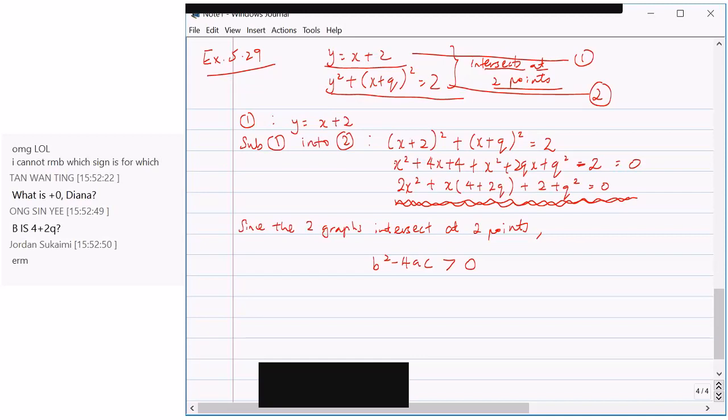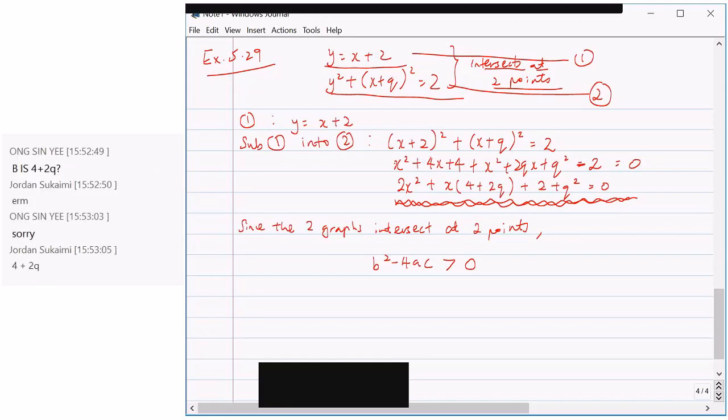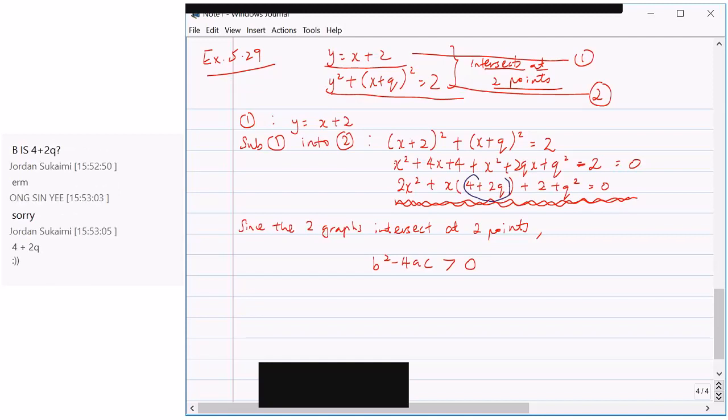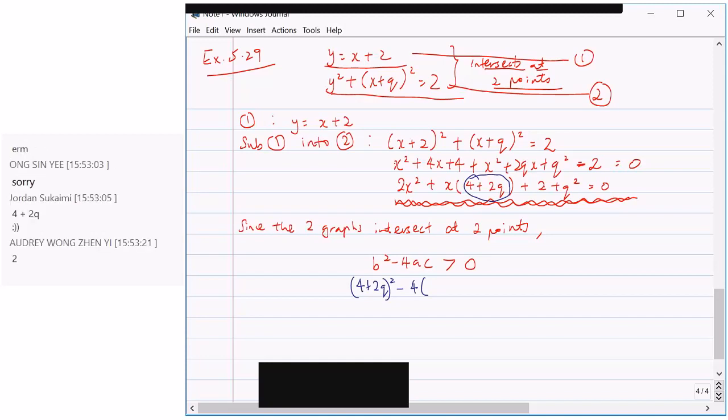What's b, Jordan? Yep, 4 plus 2q, the x coefficient. So (4 plus 2q) whole squared. What is the a? Audrey, what's the a? Very good. A is 2. One thing, what's the c in this case?